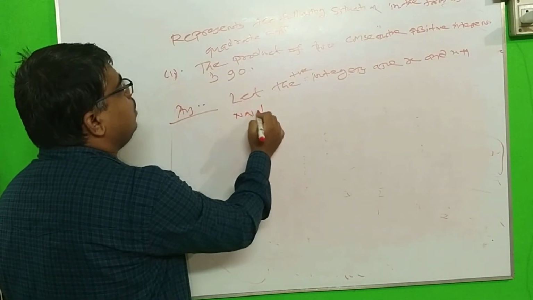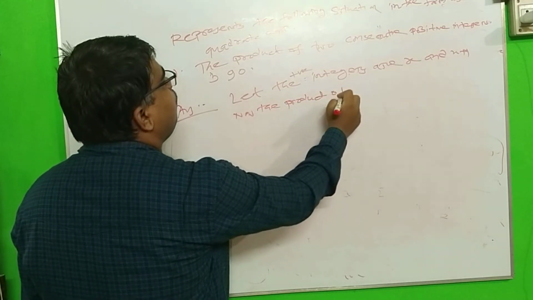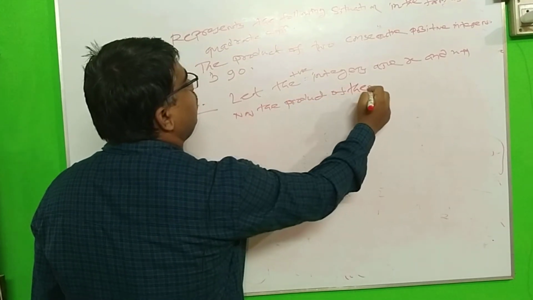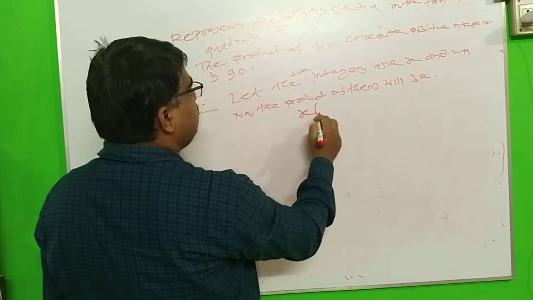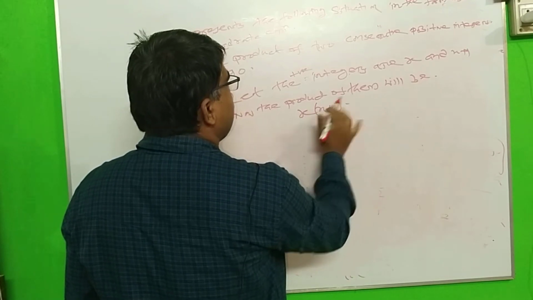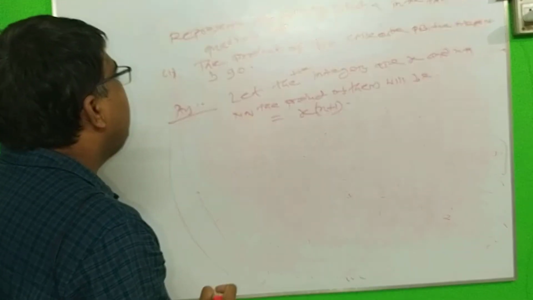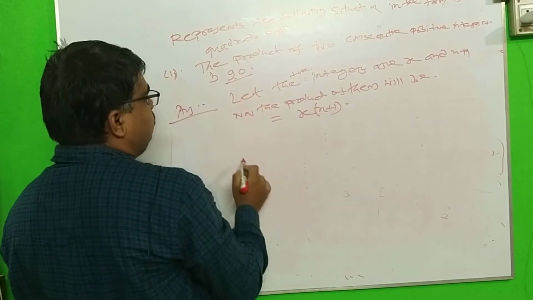Now the product of them will be x into (x plus 1). Again, it is given that the product of them is 90.